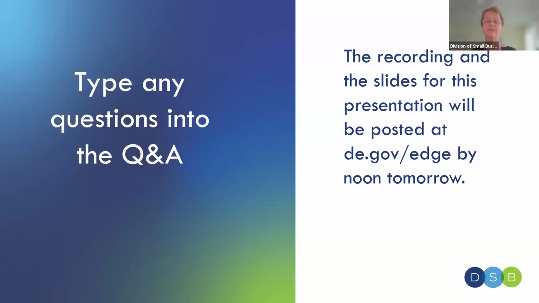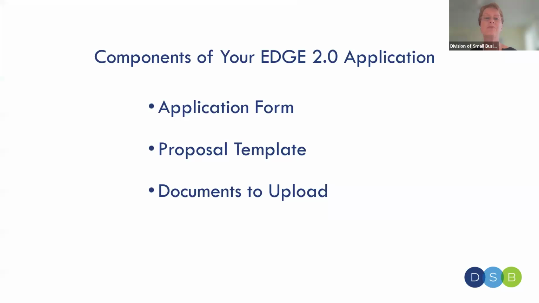If you have any specific questions as to, for instance, whether you should apply for entrepreneur or STEM, or whether your project falls into this category or that category, please hold those and reach out specifically to one of the regional business managers we identify for you throughout the webinar.